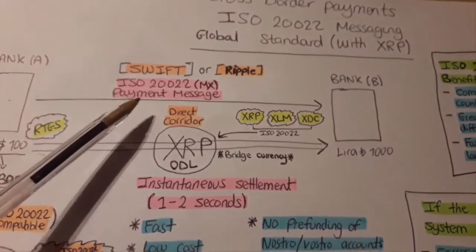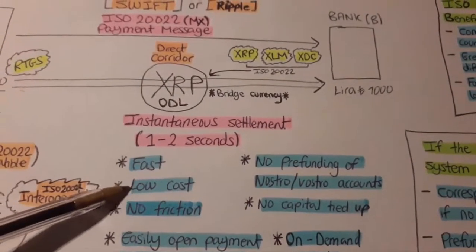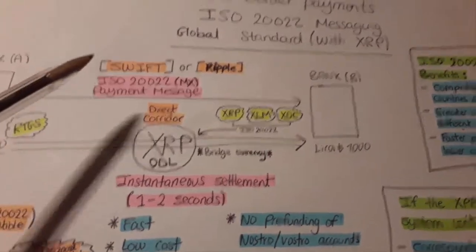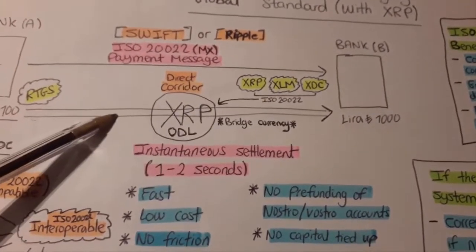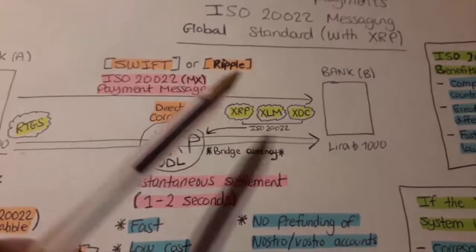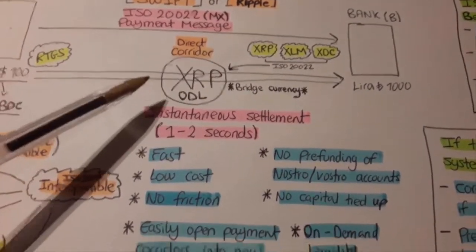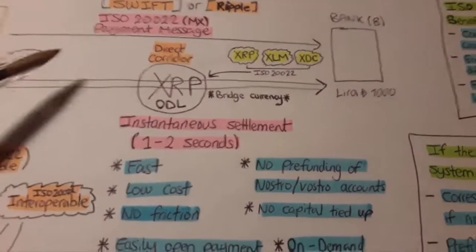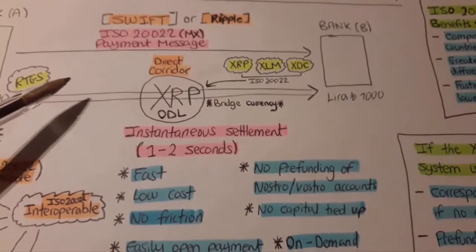Even though there may be low cost, it won't be as cheap as using Ripple because there are going to be correspondent banks in the middle and the cost would be more, whereas using Ripple would be cheaper. And even though there will be less friction because all the banks are using the same messaging standard, it won't be like Ripple where there's no friction at all because it's a direct corridor. Do you understand what I'm saying here?